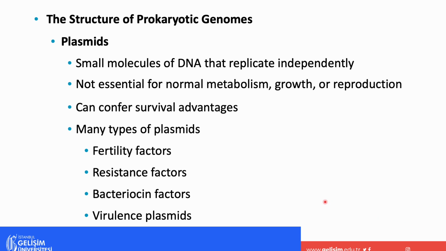Bacteriocin factors carry genes for the production of bacteriocins, which are proteinaceous toxins that can kill or inhibit the growth of closely related bacteria. Virulence plasmids carry genes that are involved in the virulence, or another term would be the pathogenicity, of the host cell, allowing it to cause disease in a host organism.